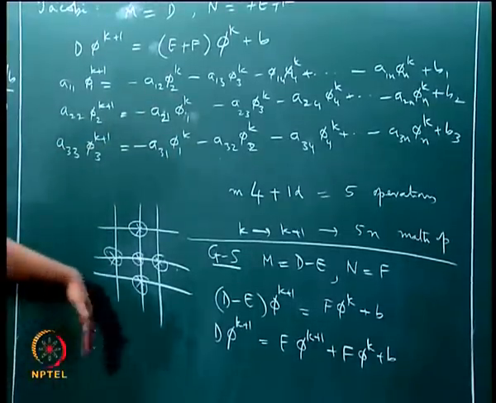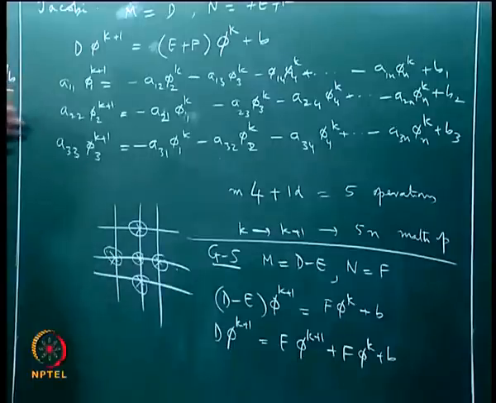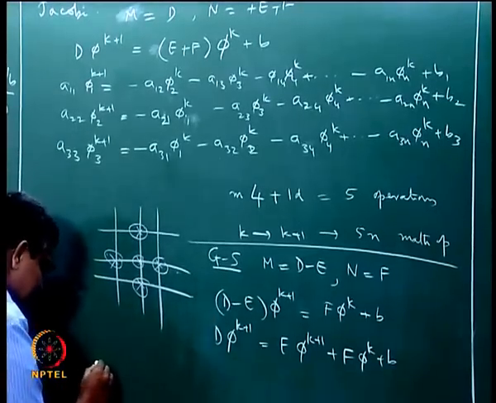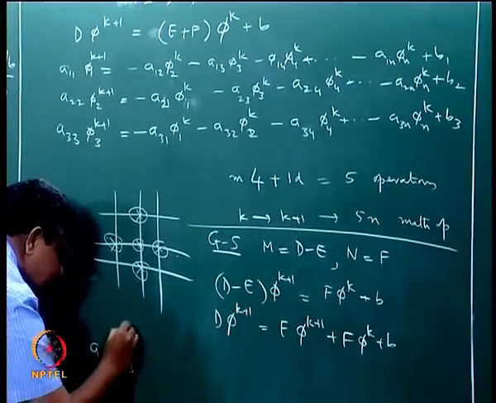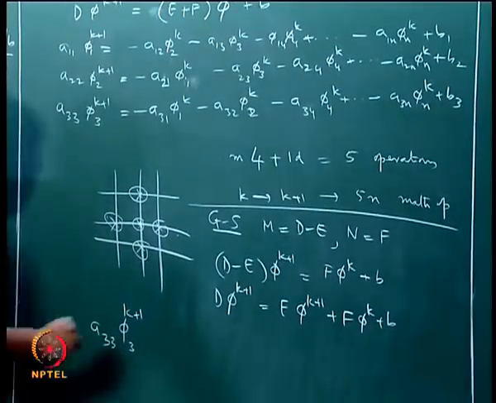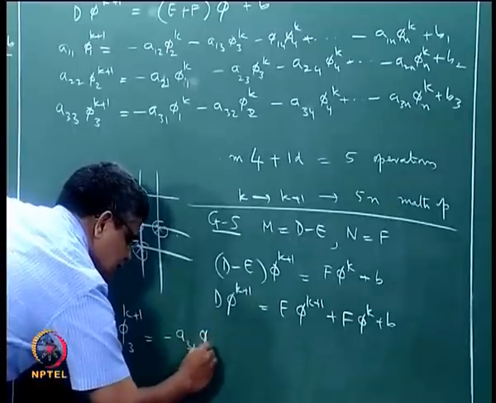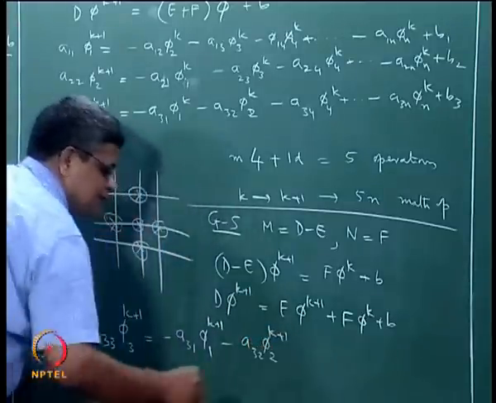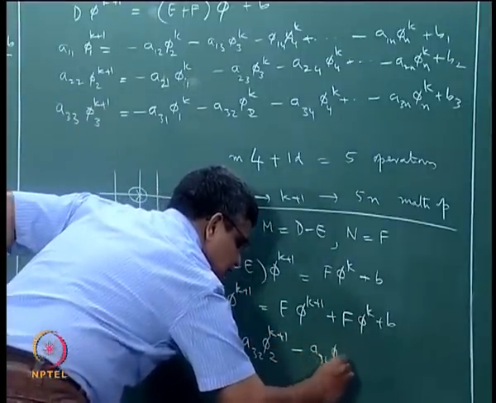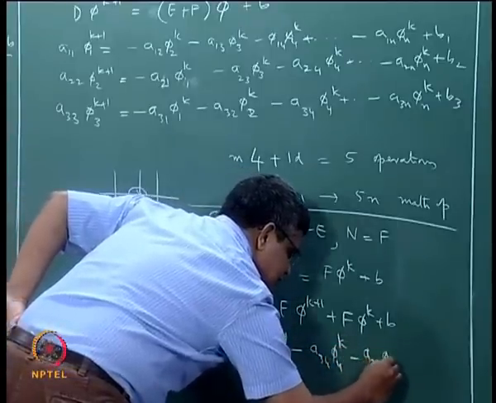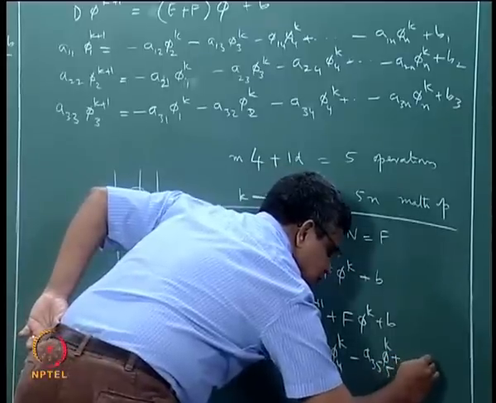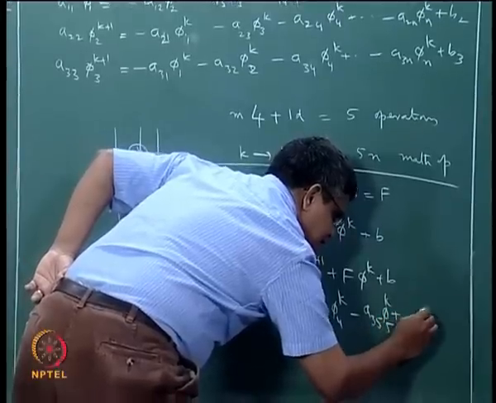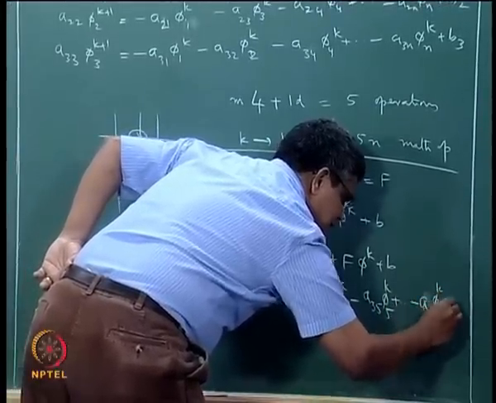When you write down an equation similar to this, for example for the evaluation of A33 phi 3 k plus 1 in the Gauss-Seidel method, this will be equal to minus A31 phi 1 k plus 1, minus A32 phi 2 k plus 1, minus A34 phi 4 k, minus A35 phi 5 k, and so on, minus A3n phi n k, plus B3.